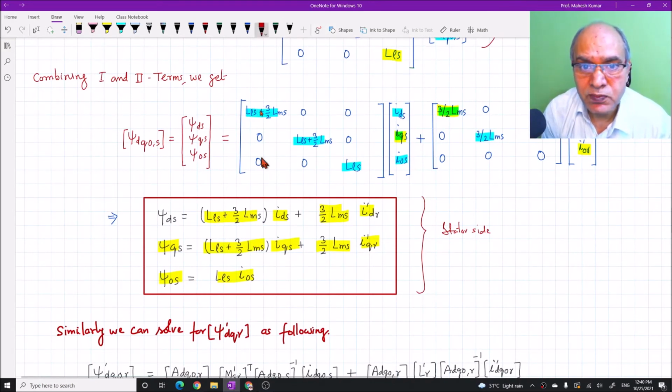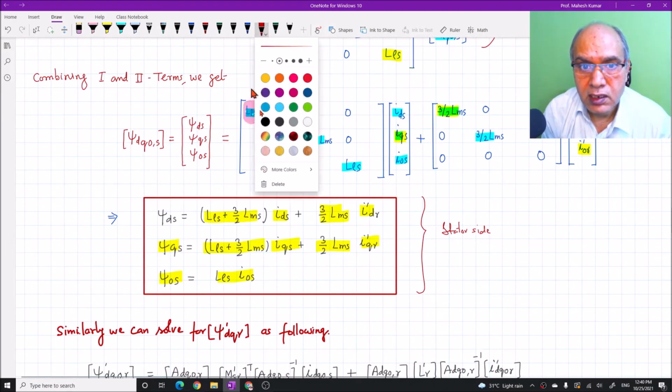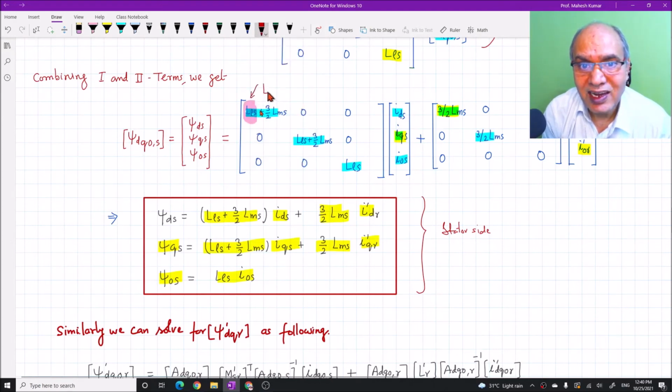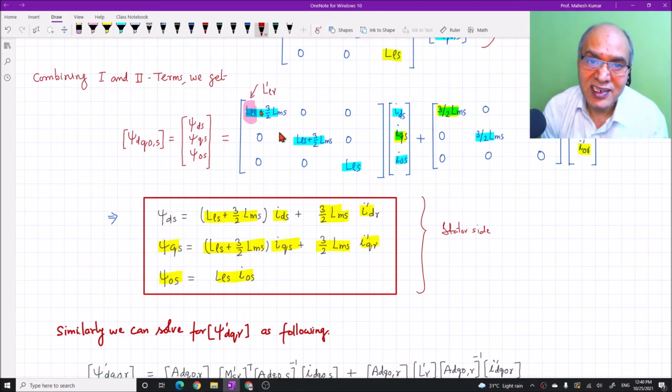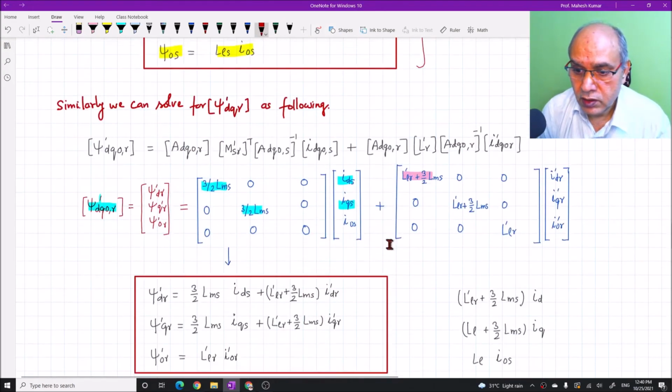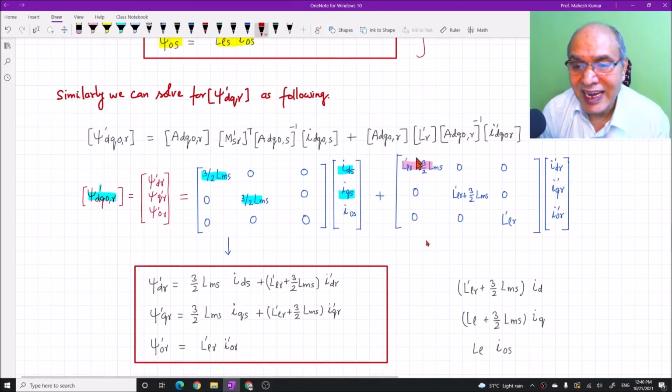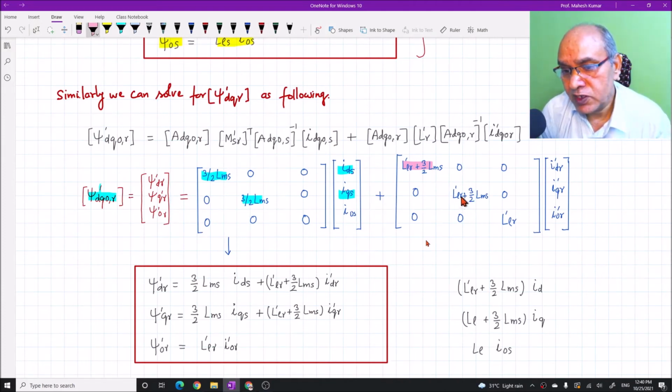This LLS becomes LLR dash, that is the rotor leakage inductance referred to the stator. So this term becomes LLR dash plus 3 by 2 LMS. Similarly, LLR dash plus 3 by 2 LMS, and this is LLR dash.